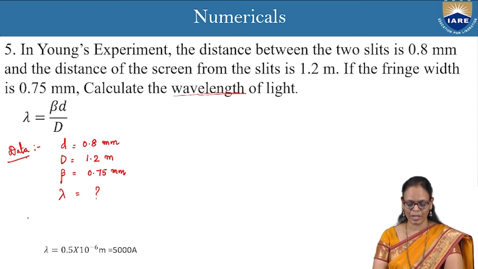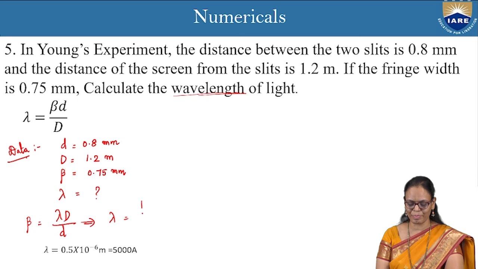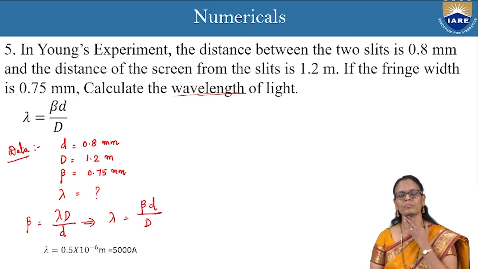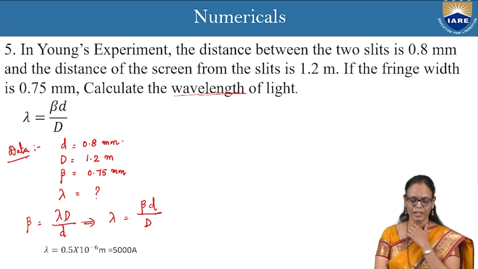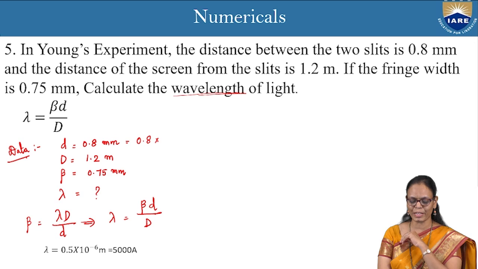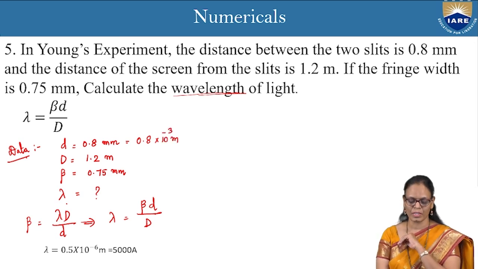So we have the formula beta is equal to lambda D upon small d. This implies lambda will be equal to beta d upon capital D. So let us look at the conversions now. This is in millimeter. Let us convert it into meter: 0.8 into 10 power minus 3 meter. This is in meter.